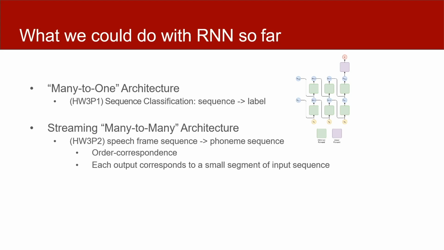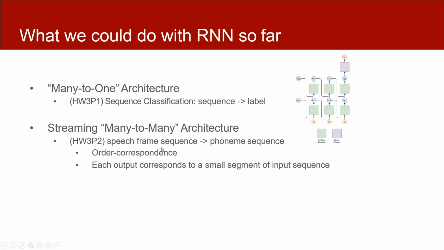In part 1, we have an RNN classifier where we run the network through the entire input and only generate one label at the last time step, and we back propagate through this entire process. And in part 2, we dealt with speech recognition. So we wanted to generate a phoneme sequence from the speech utterances.